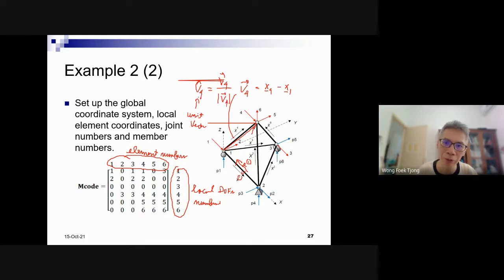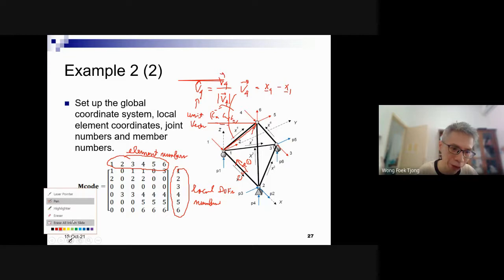From here you can read the direction cosines, Cx, Cy, Cz, and then you can plug them into the formula. We have done this before the mid-semester exam. Any questions regarding the stiffness computation?